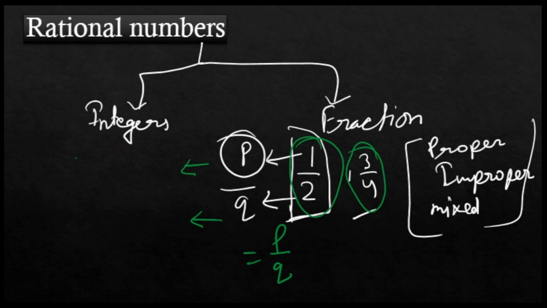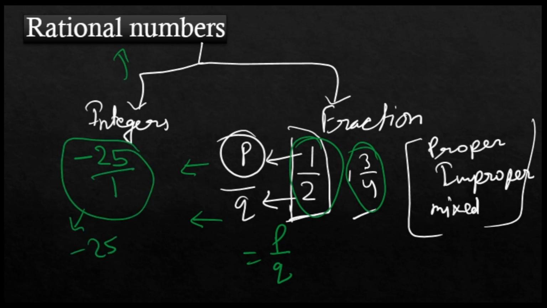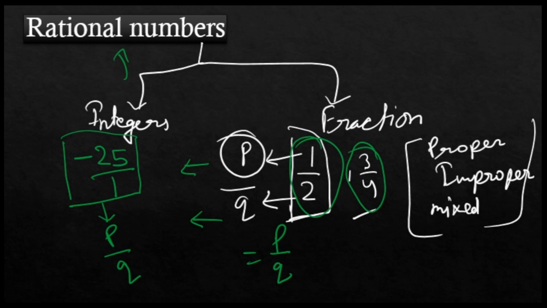Suppose I pick any number like minus 25. It's not in the p by q form, but still it's a rational number. How? If I write minus 25 by 1, the value remains the same, and this number is in p by q form. So integers are rational numbers.